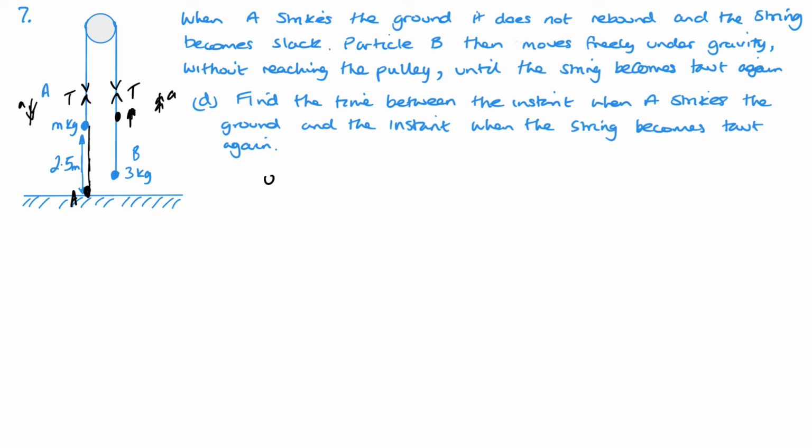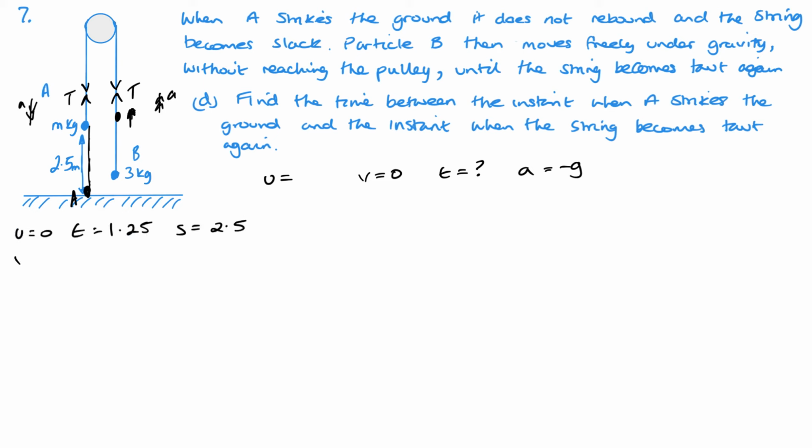So u, we can find. v would be 0, t we're trying to find, a will be our gravity because we're moving under gravity. So let's find u first. The speed that this one starts moving at is going to be the same speed or same velocity as the moment A hits the ground.